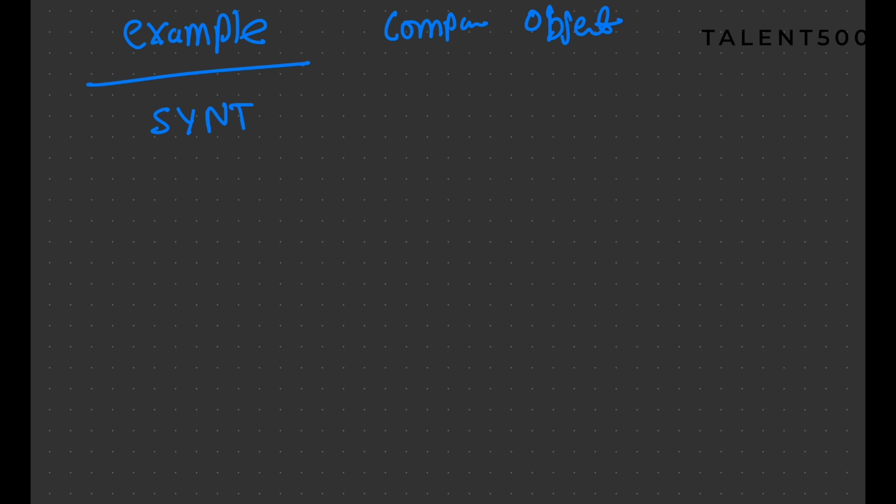So this is the syntax, an example of a companion object. Let's say you have a class, name of the class is, for example, ABC for now.